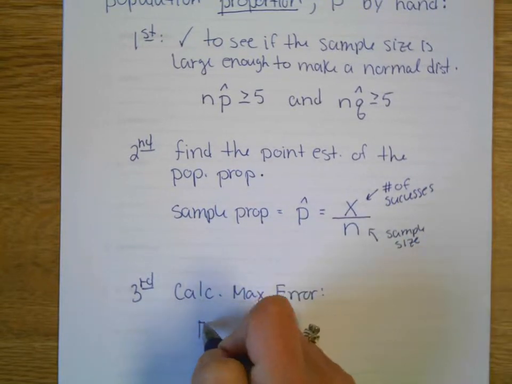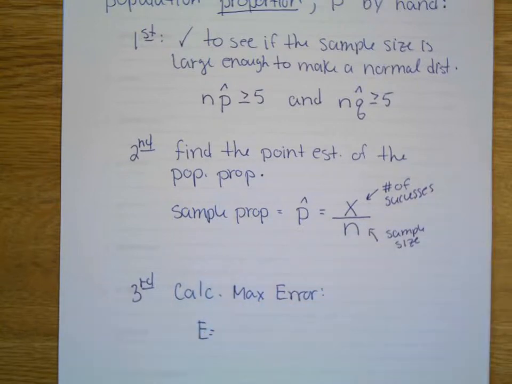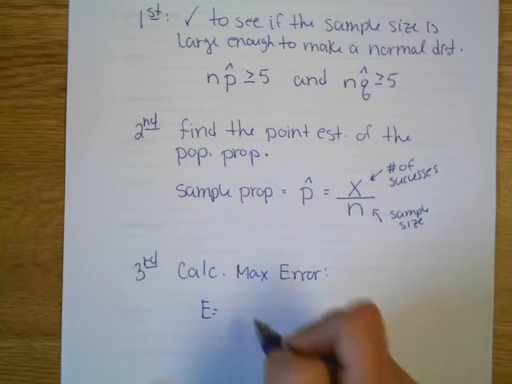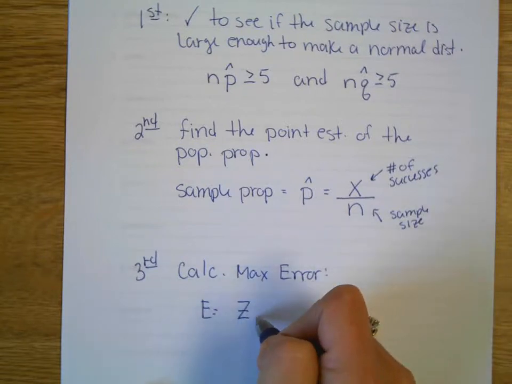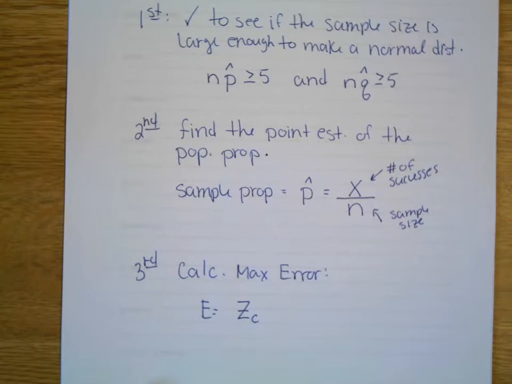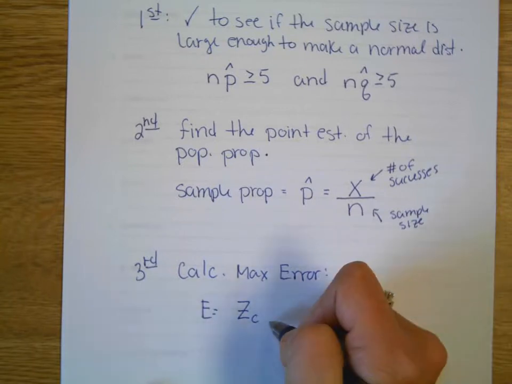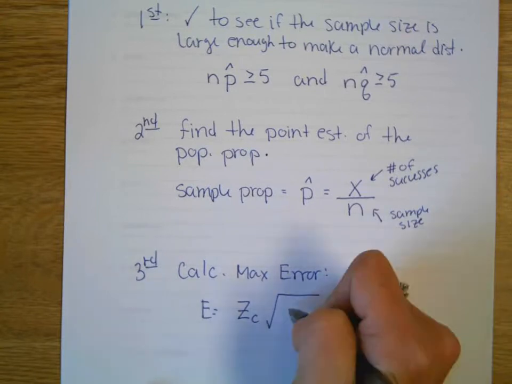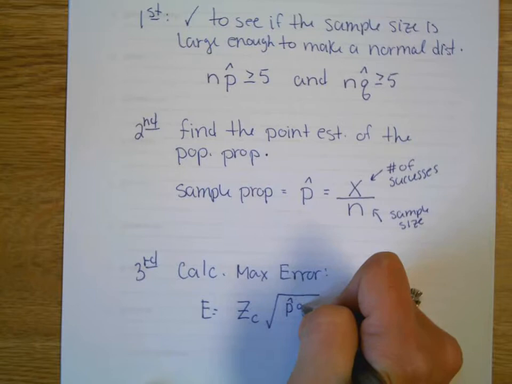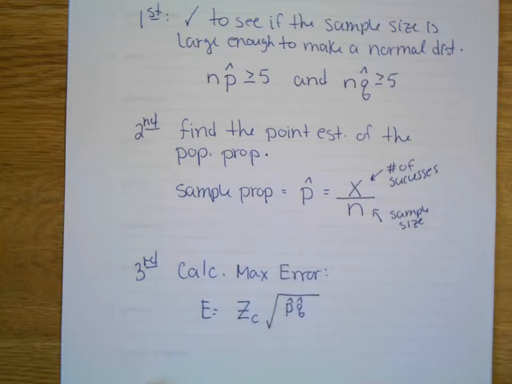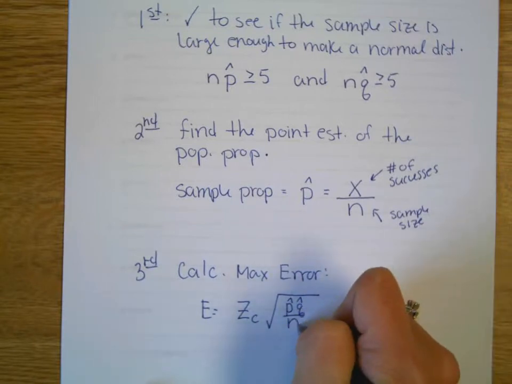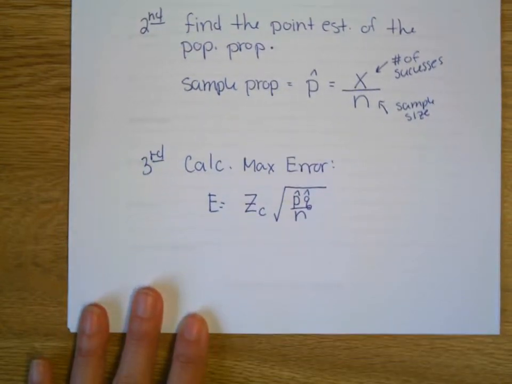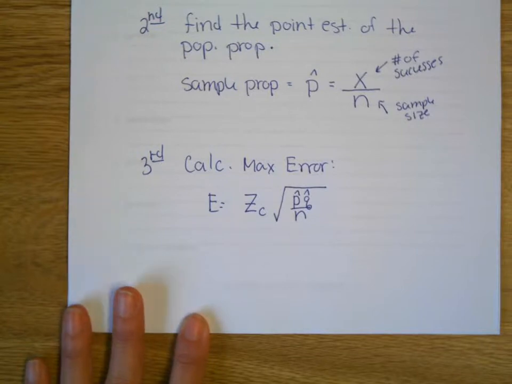That's big E. And the formula here is the z-score for your confidence level multiplied by the square root of p hat times q hat over the sample size. And that whole fraction is under the square root.